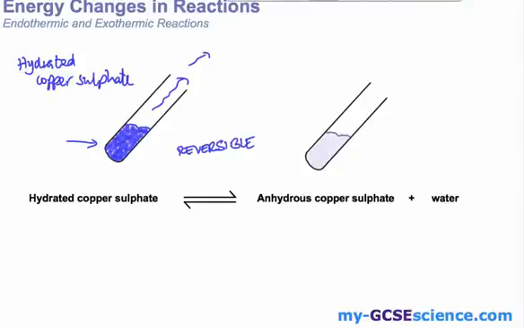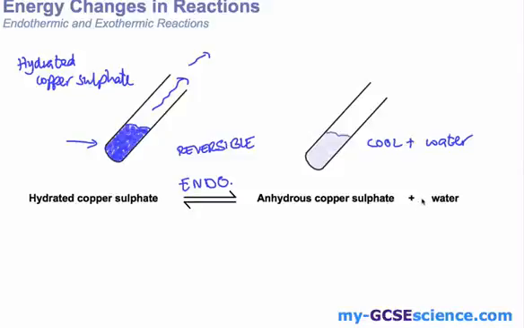In the forward direction, this reaction is endothermic. So that means we have to supply heat energy to it, and it will draw in energy from the surroundings. However, if we were to let this cool down and then add some water, what you would find is the opposite reaction going in the opposite direction.